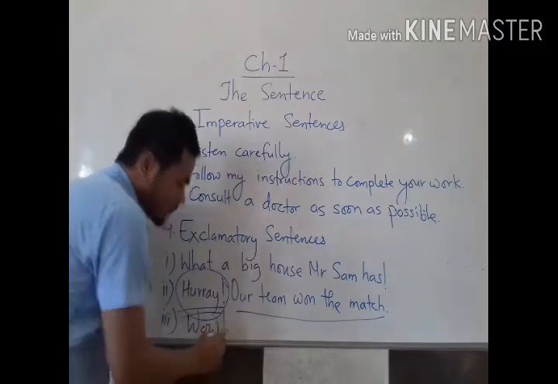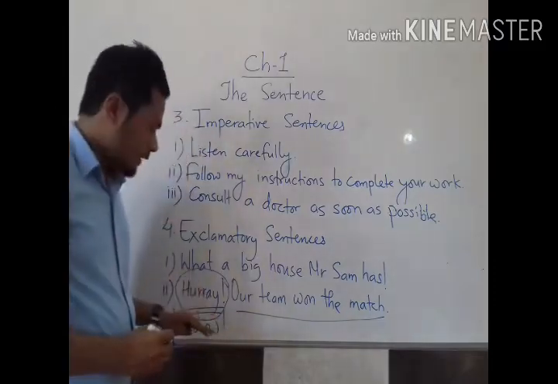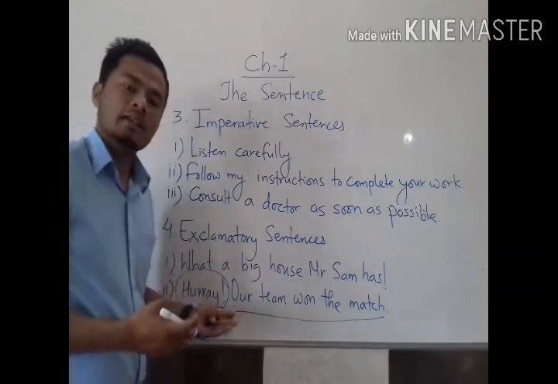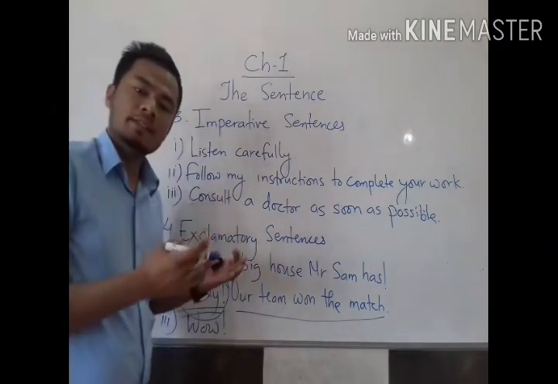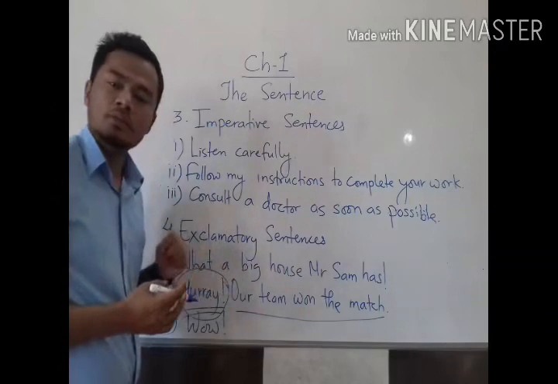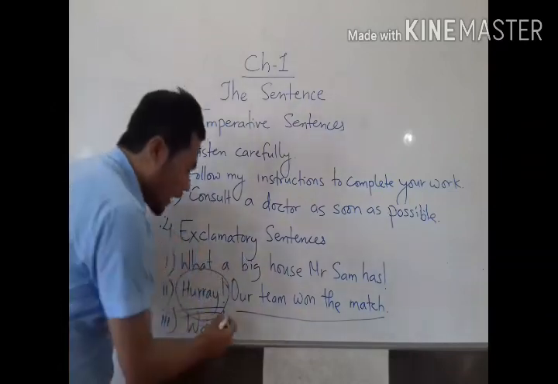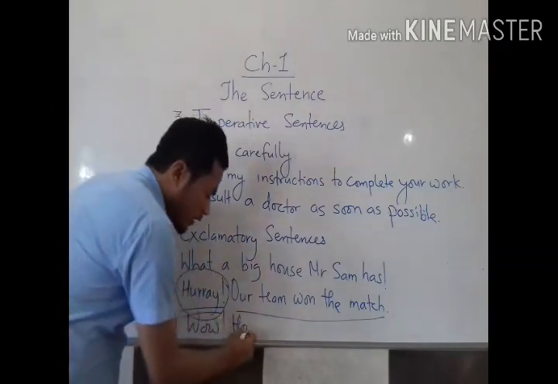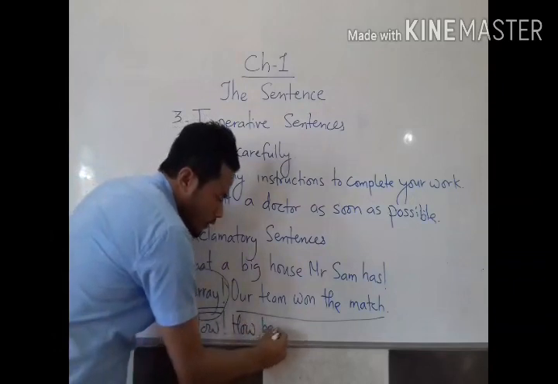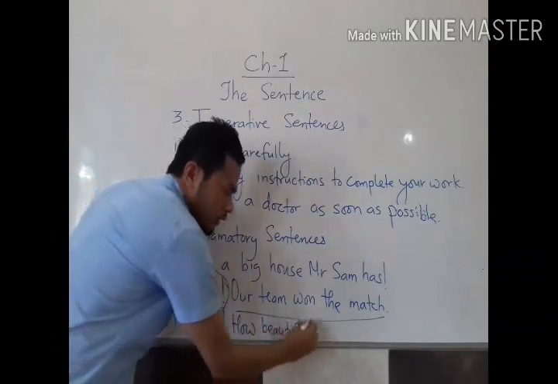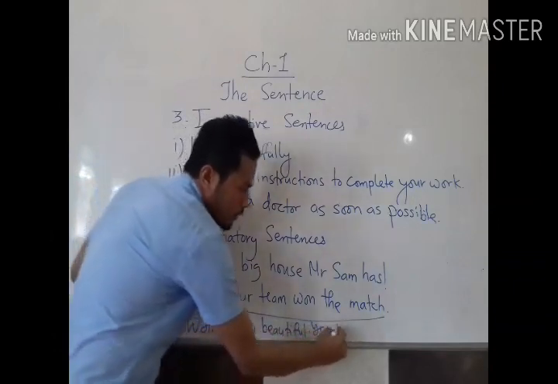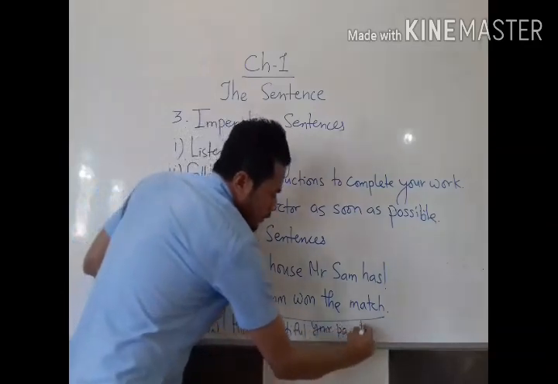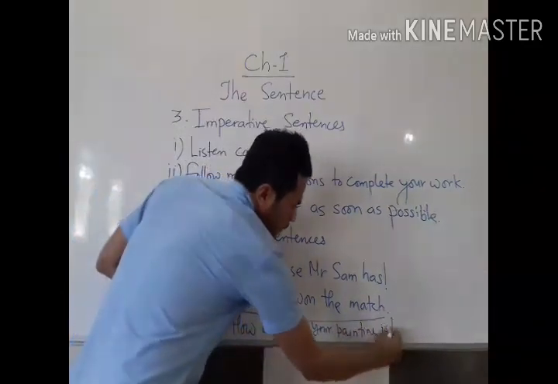Wow. This is also an interjection. So again, after the interjection, I can write an exclamatory sentence by using WH words. Like wow, how beautiful your painting is.